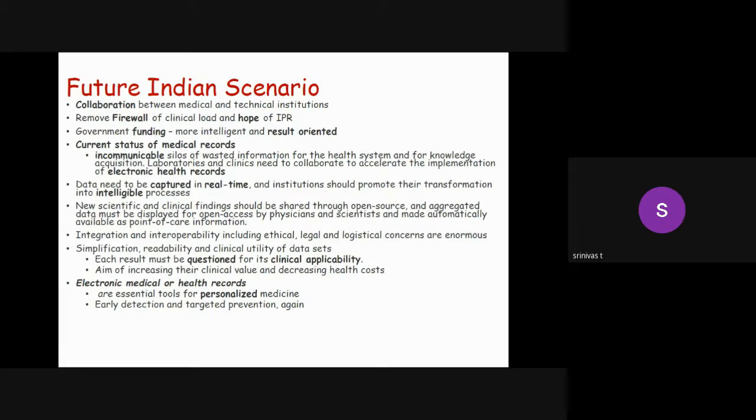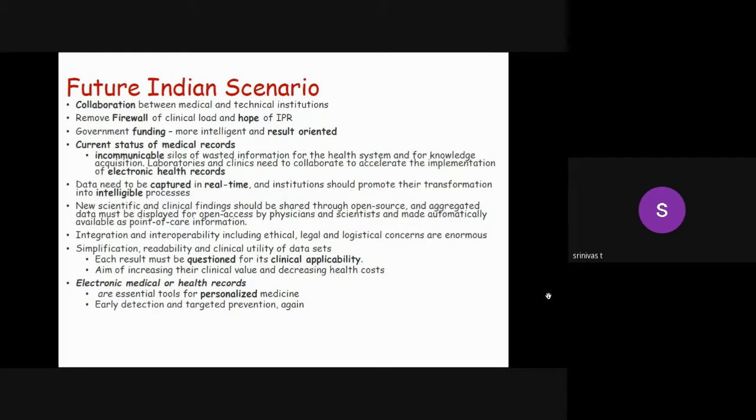Data need to be captured in real time, and institutions should promote their transformation into an intelligent process. New scientific and clinical findings should be shared through open source, and aggregated data must be displayed for open access by physicians and scientists and made automatically available as point of care information. Automatically available, that is not yet established in the Indian scenario.